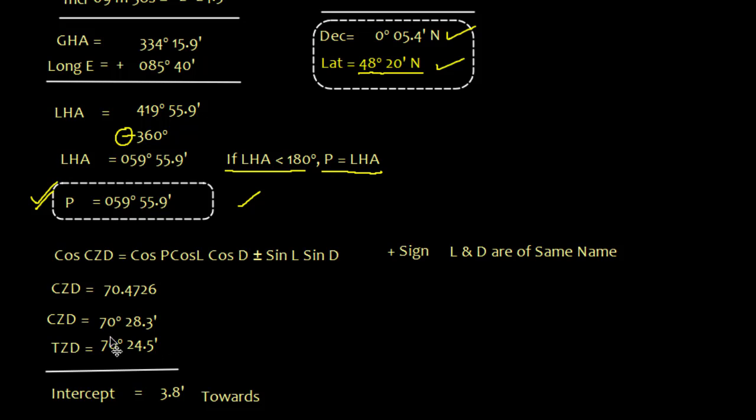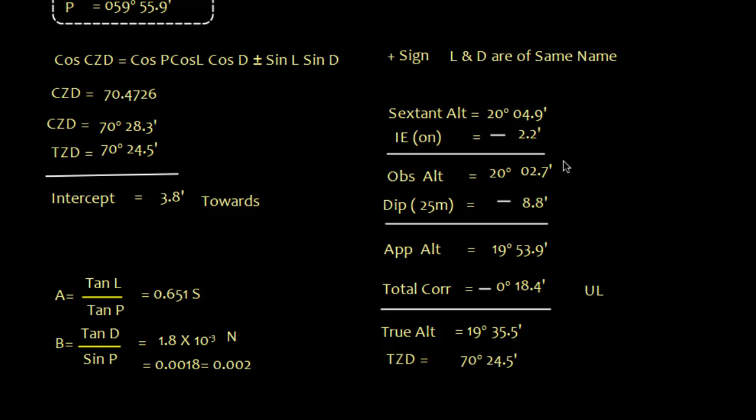Well, this is pretty important, and now we got to compute the true zenith distance. To find true zenith distance, we apply sextant altitude 20 degrees 4.9, then we have index error minus 2.2, that is given in the question. We get observed altitude, then we apply dip, which is for 25 meters, and dip is always subtracted, which is minus 8.8.